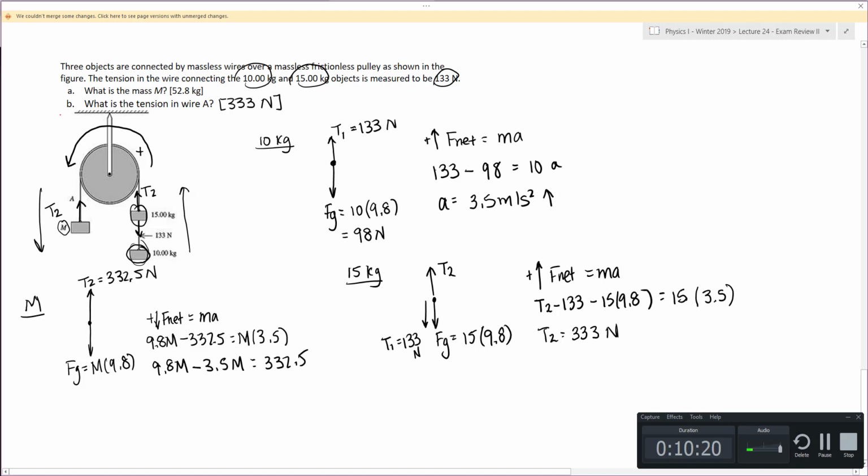And now I can solve for my M. So 9.8 minus 3.5 is 6.3, equals 332.5. If I divide both sides by 6.3, then I get 52.8.